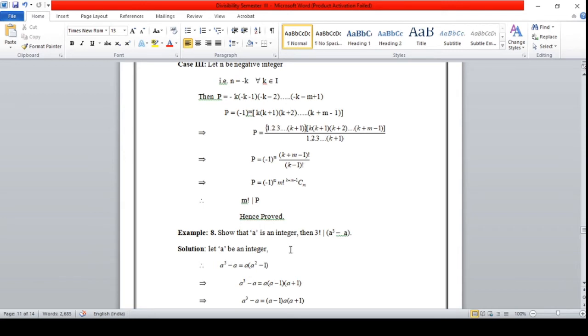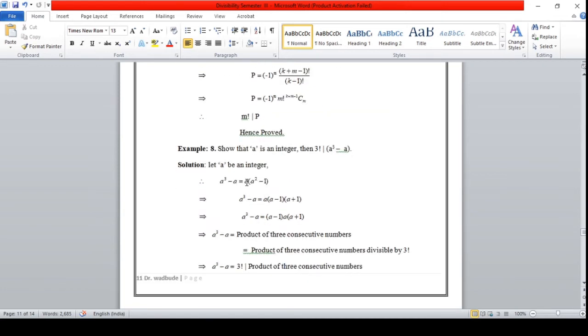Solution. Let a be an integer. a cubed minus a is equal to a times a squared minus 1, where a is a common factor. Again a squared minus 1 gives two factors, a minus 1 and a plus 1.